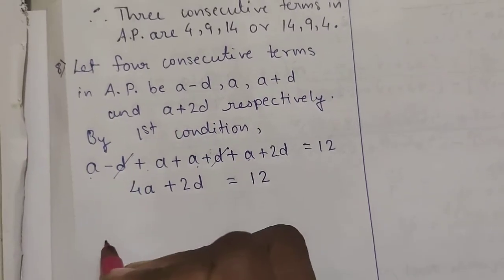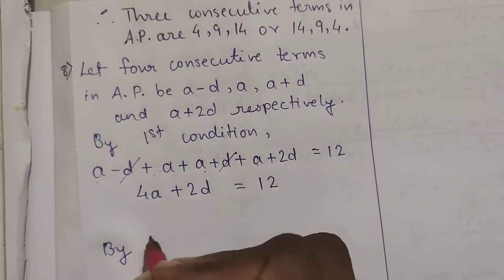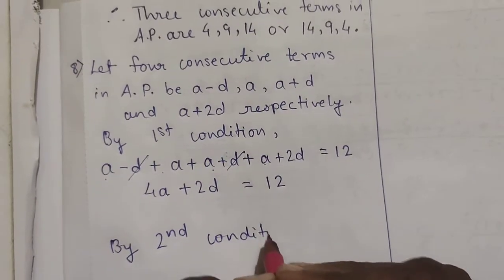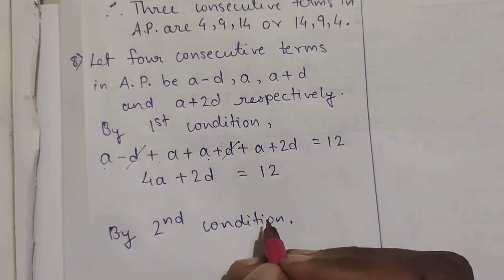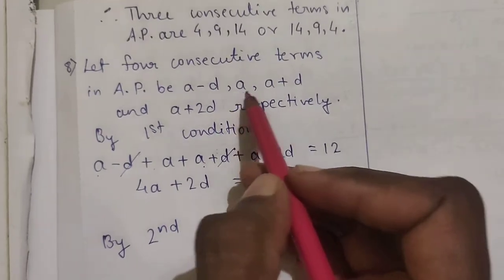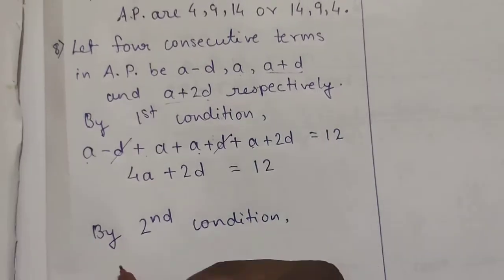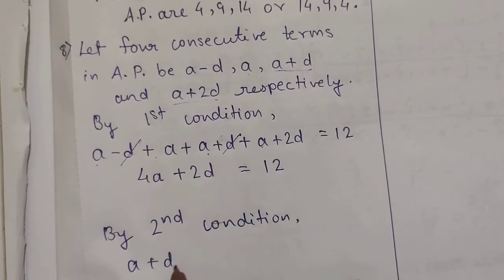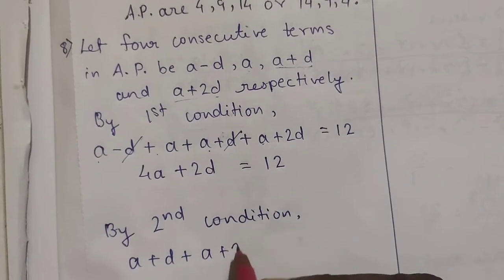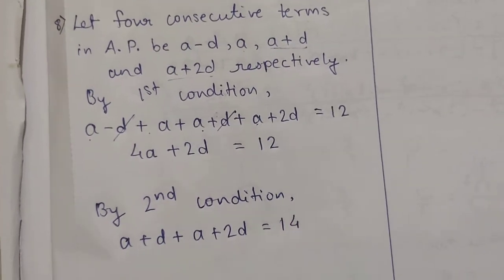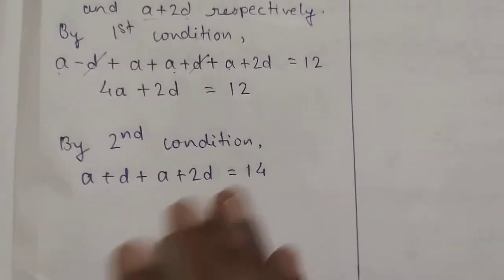Okay, now let us use second condition. By second condition is what? Addition of third and fourth. See, this is third term and this is fourth term, so addition of third term and fourth term gives us 14. Now let us add this.